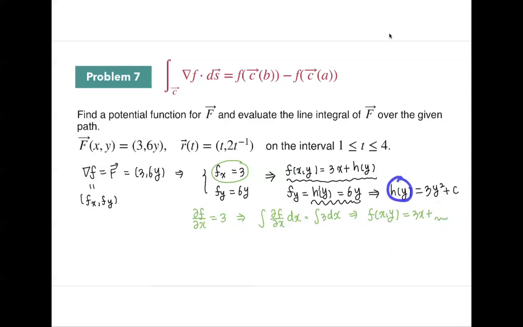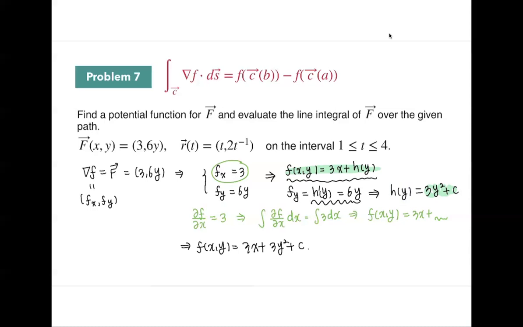But in this case, we just said this term is just for the terms with respect to the variable y. So when we recover h of y here, it is just the real constant. Okay, so we can say that f of x comma y is given by 3x plus h of y, which we found here, 3y squared plus c.